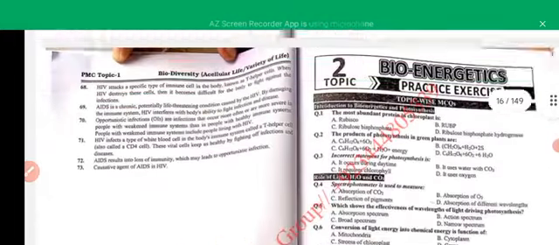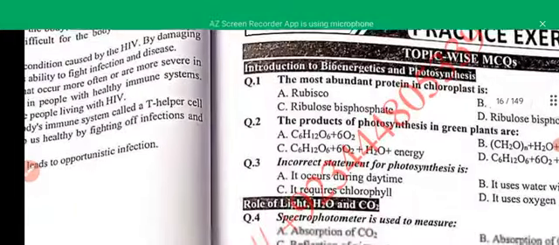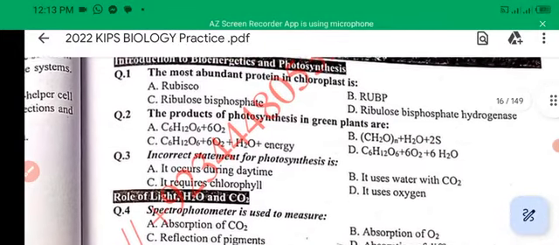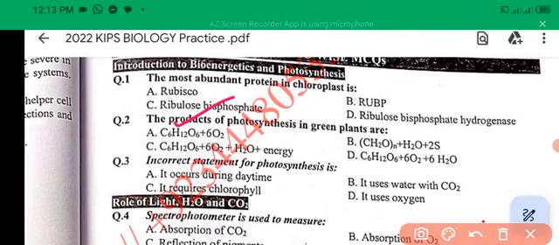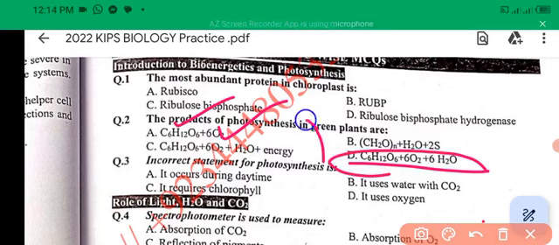Then we came across the product of photosynthesis in green plants. You know that photosynthesis produces C6H12O6 and 6 molecules of O2 and H2O, and also energy. Here is the exact product of photosynthesis in green plants. But if we summarize the reaction, we come across only this type of reaction.